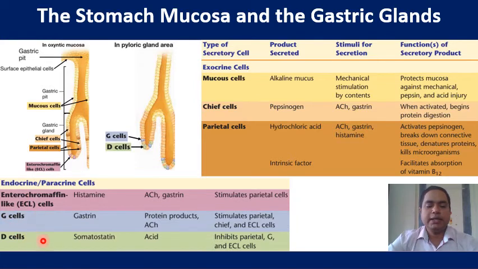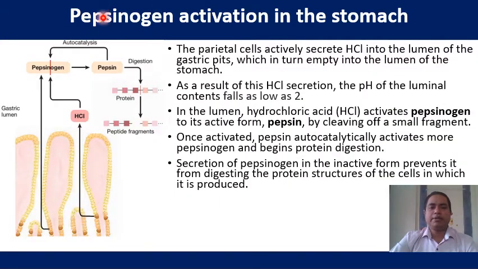The D cell, after stimulation by the acid, secretes somatostatin, and the somatostatin inhibits the parietal cells, G cell and enterochromaffin-like cells.